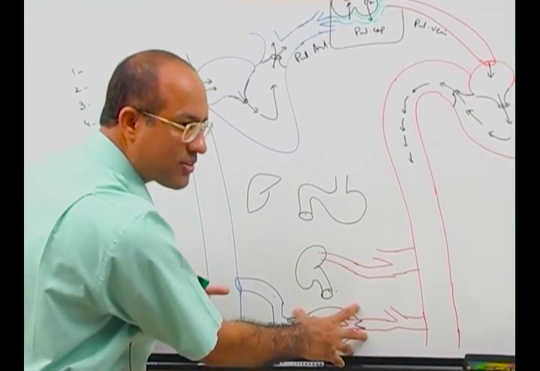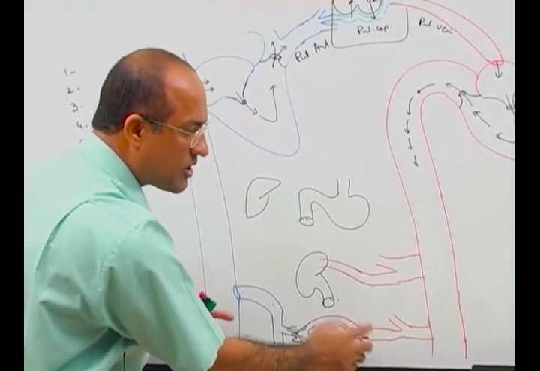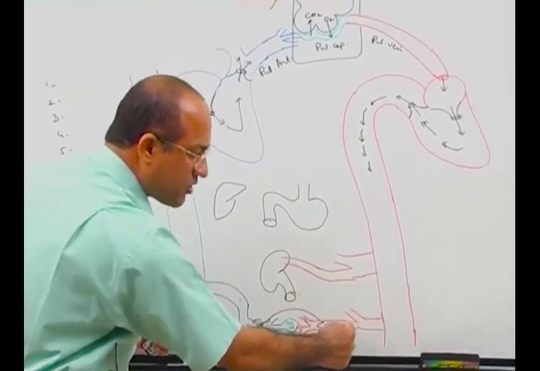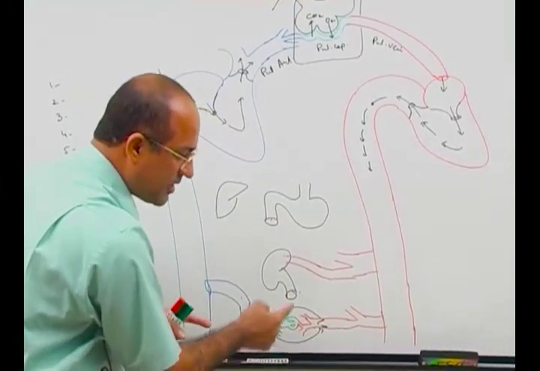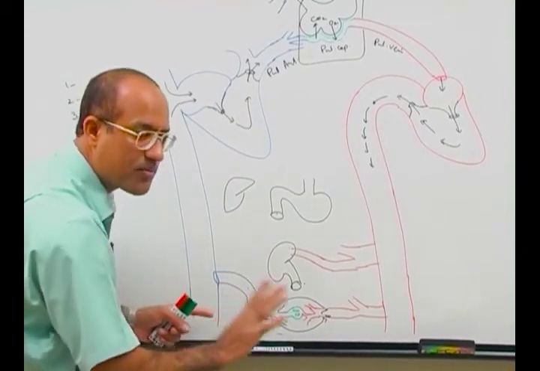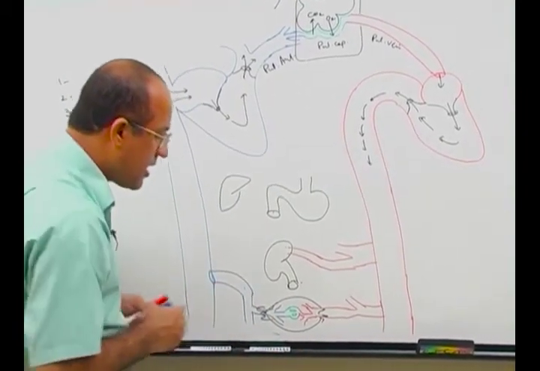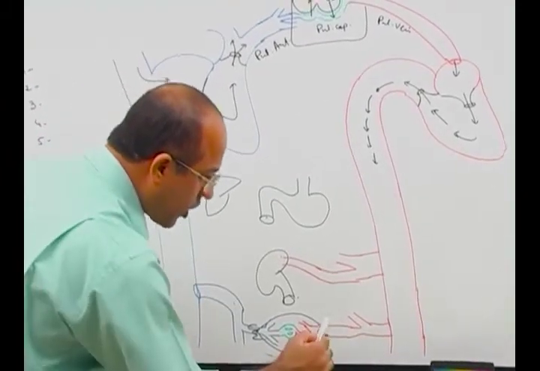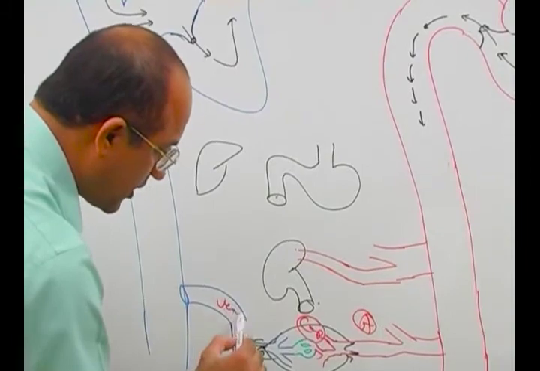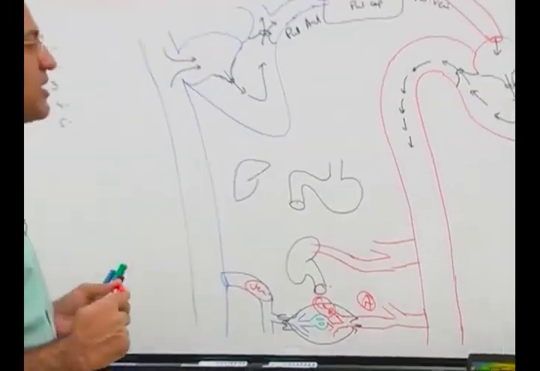But in some parts of the body, circulation is not following this simple rule. What is the simple rule? Systemic arteries bring the blood, then there are systemic capillaries, and then blood is drained by systemic veins, right? Artery, capillary and vein. This is a normal arrangement. In some part of the body it is changed.